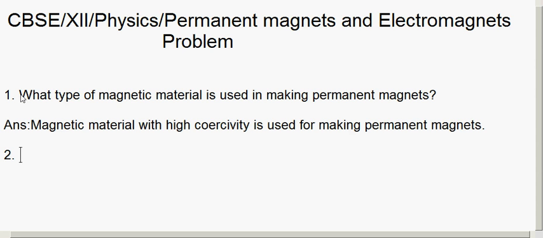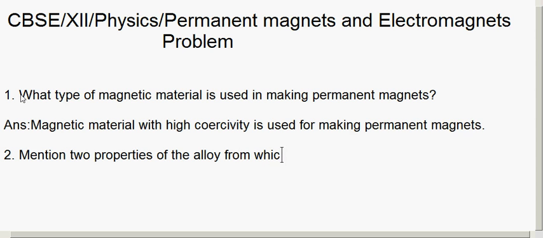Next one can be: mention 2 properties of the alloy from which permanent magnets are made.